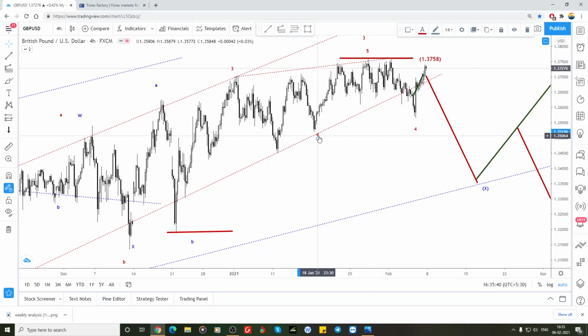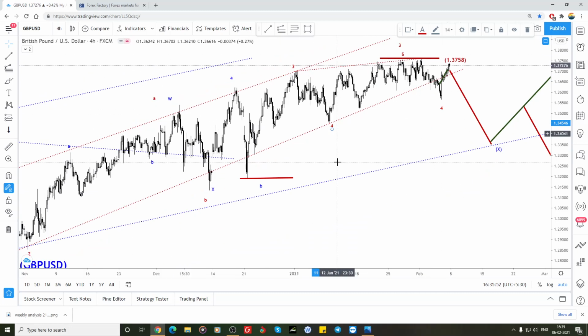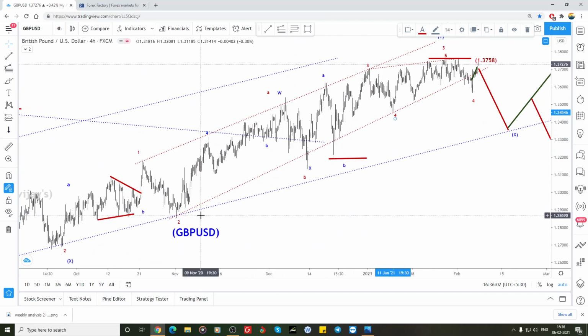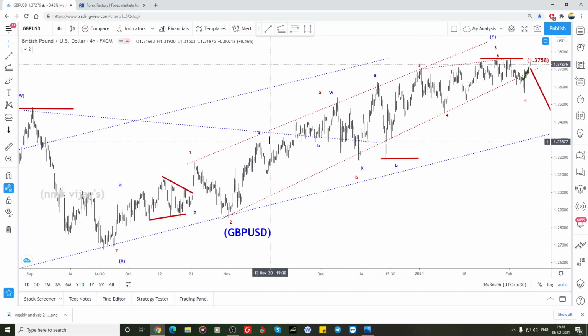But if you place this as a 4, we need A, B, C. So these 5 waves become A, this is the B, and we are in the C wave, so one more high is there. But as of now, my conclusion on DXY and Euro USD is that it is not like that. So what will be there? So here, this is the A.